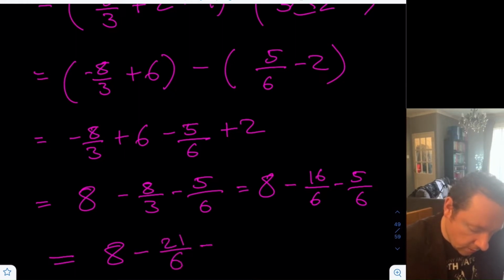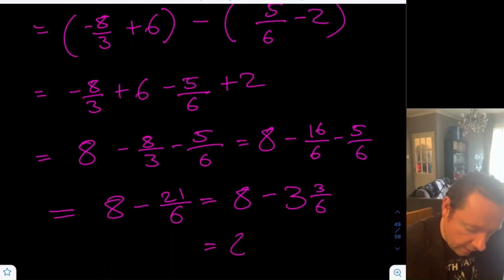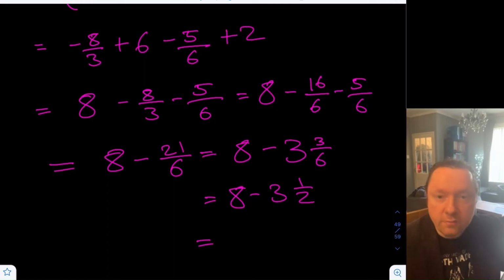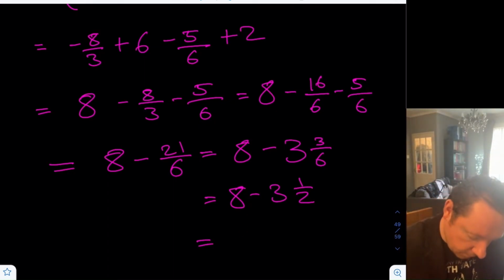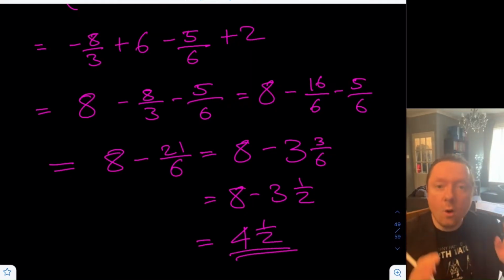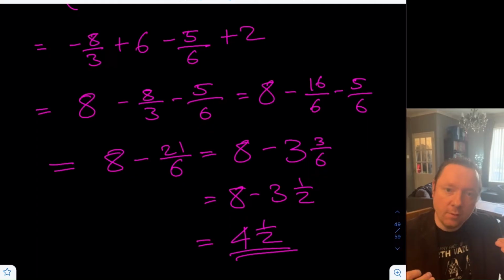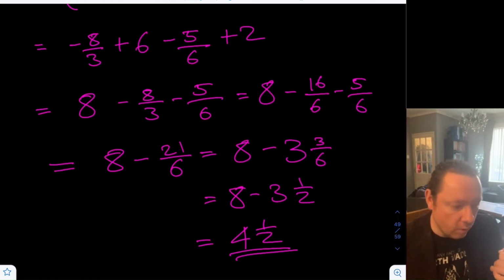Changing that to a mixed number, 6 3's is 18, and 3/6. Simplifying, 8 minus 3.5: 8 minus 3 is 5, minus another half is 4.5. Don't worry about all that extra substitution. You get most of the marks for getting to the point of substituting in, okay? So don't worry if you can't get that far.